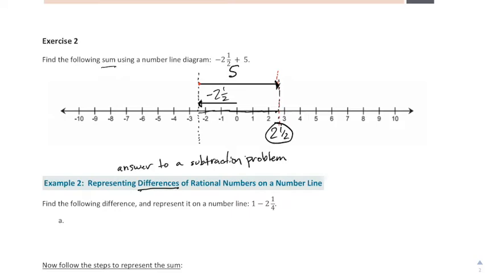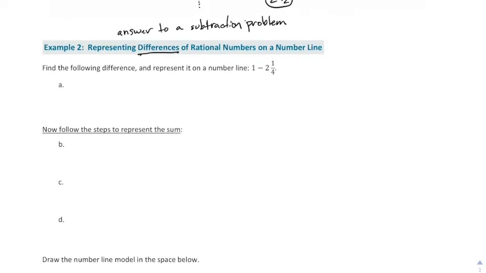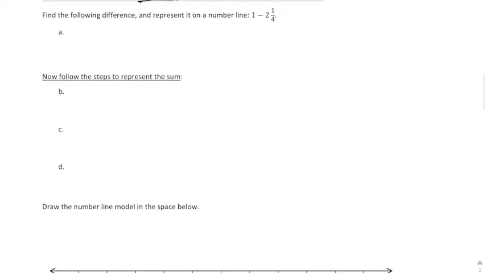The amount of distance and direction between two numbers, but informally the answer to a subtraction problem. So I'm going to walk you through this one. It's asking us to find the following difference and represent it on a number line. So we're going to find it first, and then we're going to represent it. So it's asking us to do 1 minus 2 1/4.